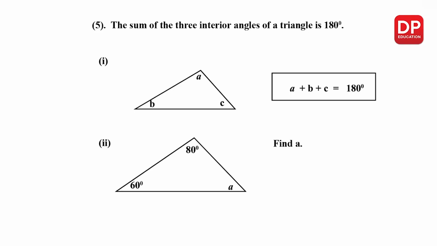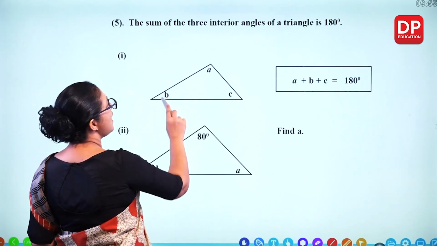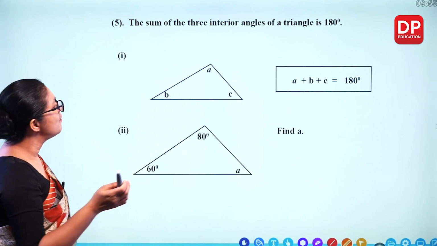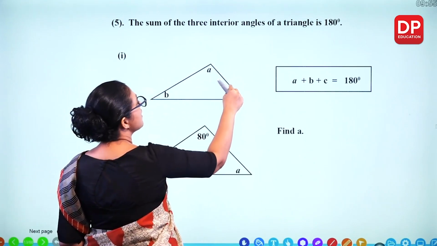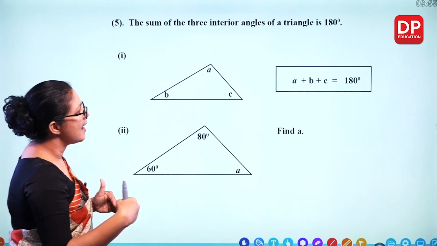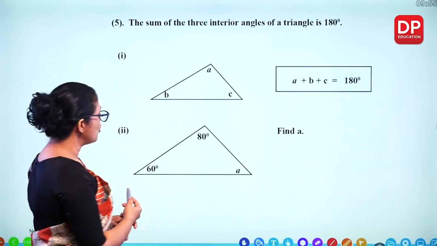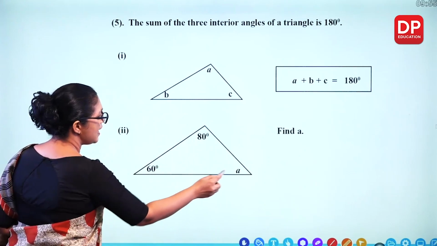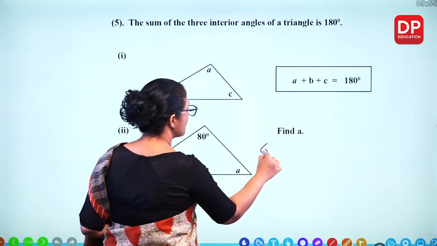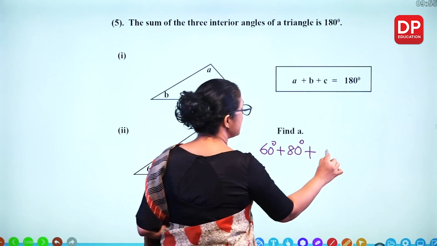Now another theorem. The sum of three interior angles of a triangle add up to 180. So last year we did that. We cut all the three angles. When you paste it, you get a straight line. So ABC is 180. So using that, find A. This is a triangle. The angle sum of a triangle is 180.